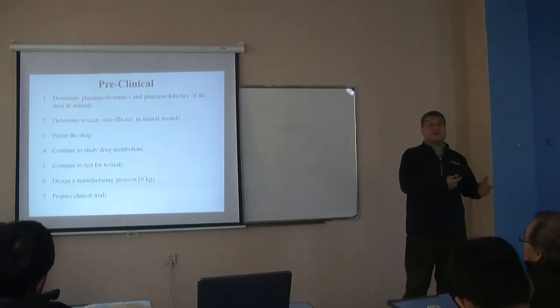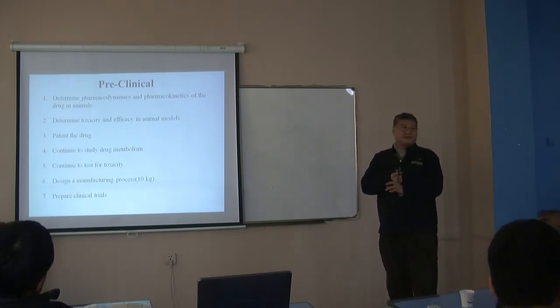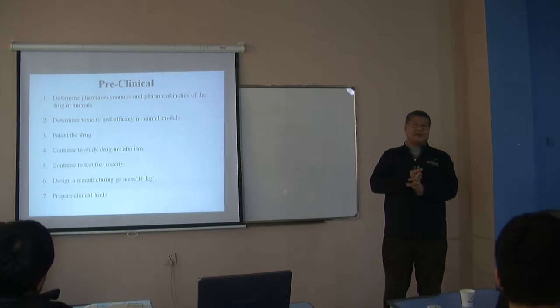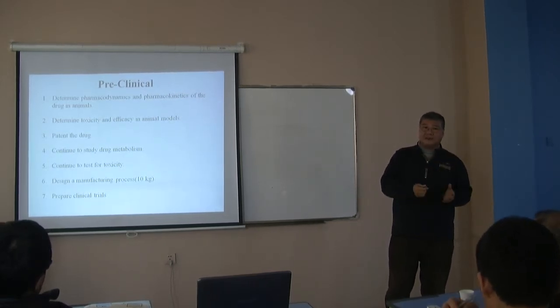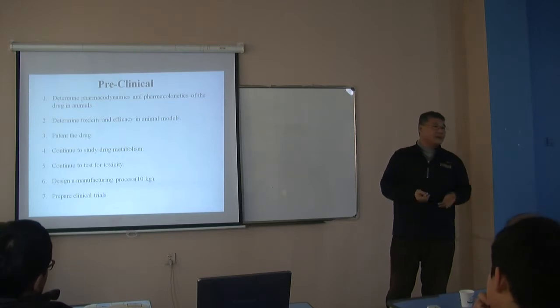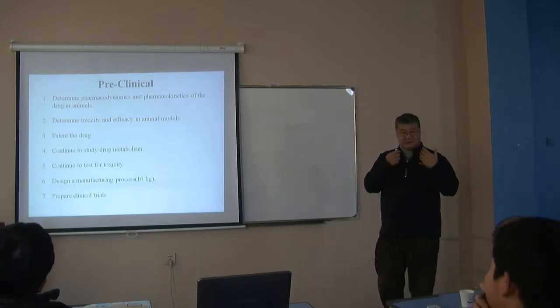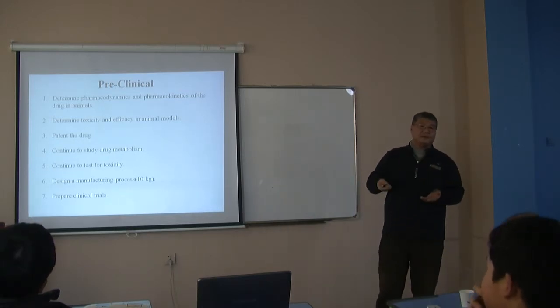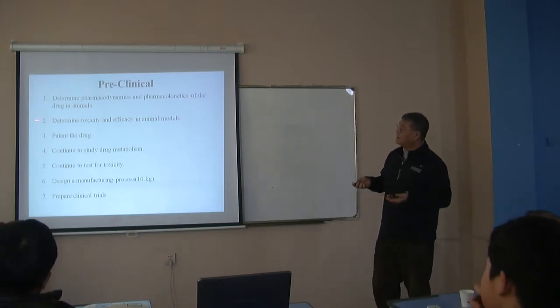So normally, you go from rat, dog, monkey, okay, to see whether this drug has blood levels enough to cover the potency or efficacy of this drug. Okay, so you check all the animal species to see whether it has enough behaviors.